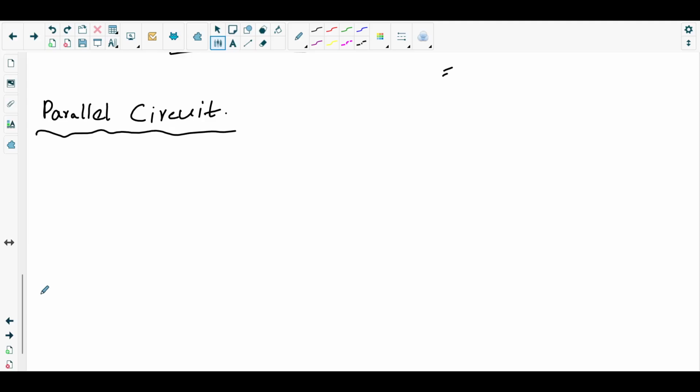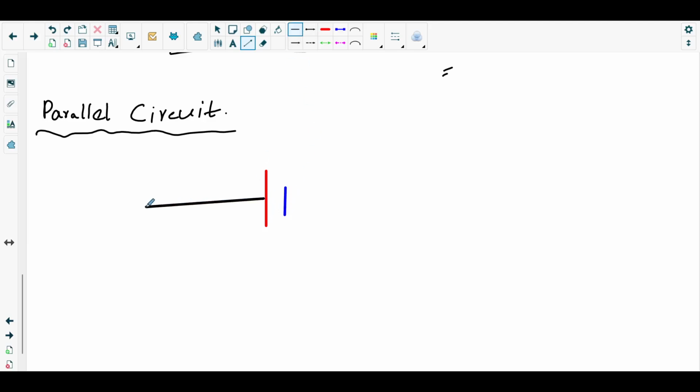So in a parallel circuit, if I draw the parallel circuit as before, this is the positive end, red colored, then blue colored, that's the negative end.